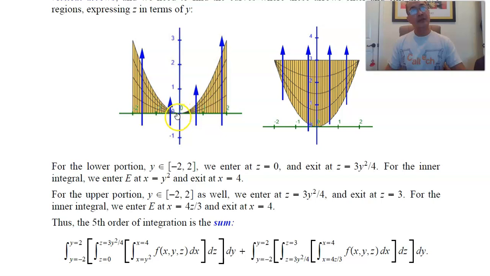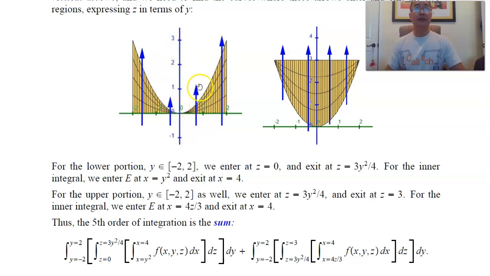So z is going from 0 to 3. Y is entering at y equals negative 2 and exiting at the negative square root. So that's for the left half. For the right half, we are entering at the positive square root.